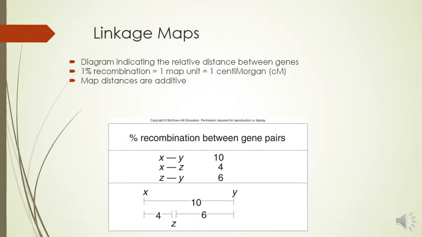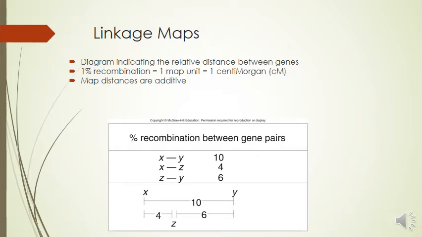A linkage map begins to emerge when percent recombination is known between all possible pairs of 3 or more linked genes, just like a road map. With more landmarks, you provide more information on distance and direction.